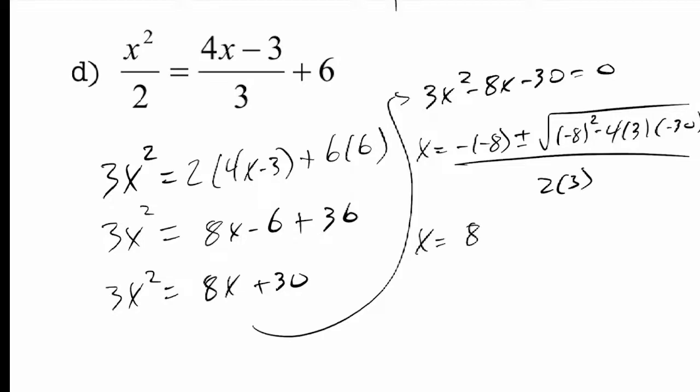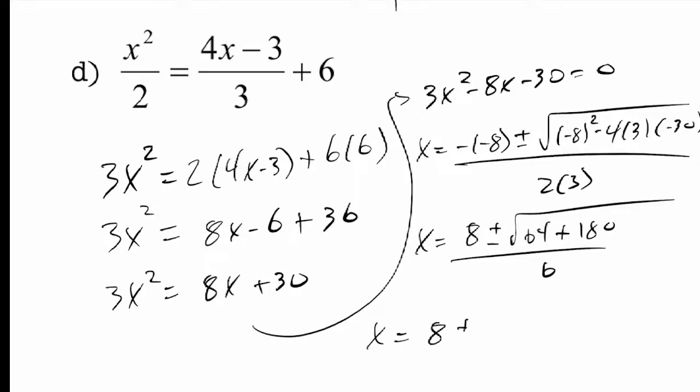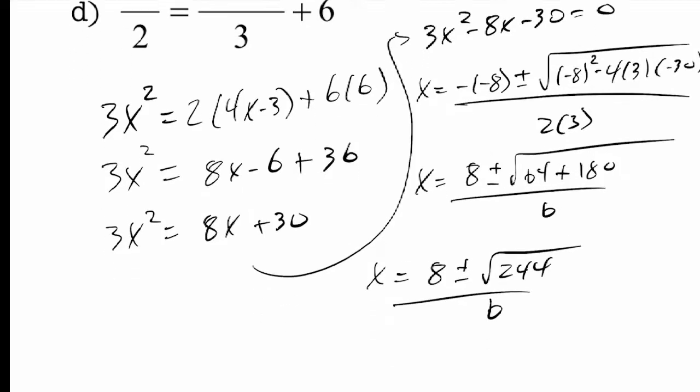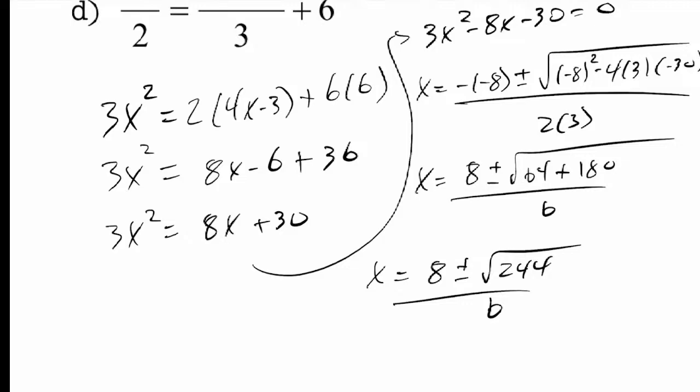And x is 8 plus or minus the square root of 64 plus 6 times 30, which is 180, over 6. So I'm getting 8 plus or minus the square root of, that's going to be 244, over 6. And we would just leave it here.